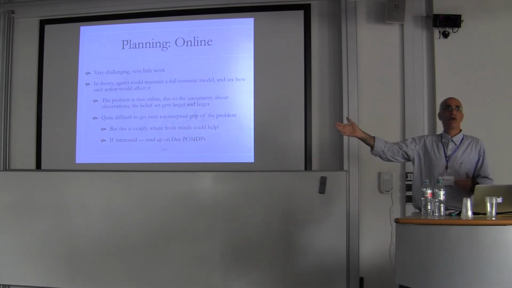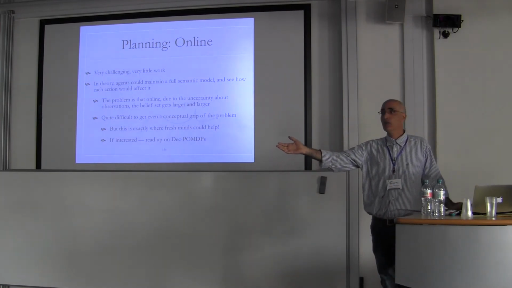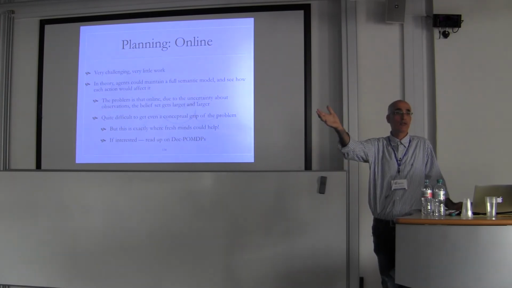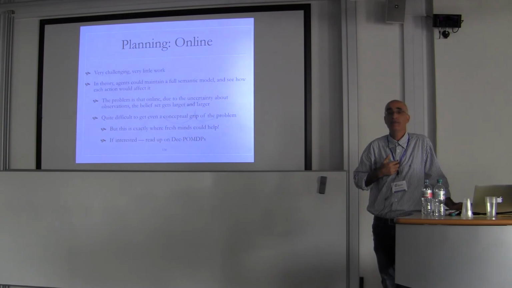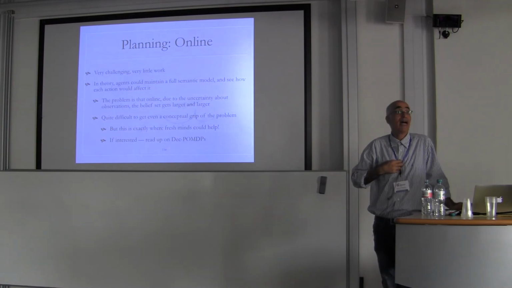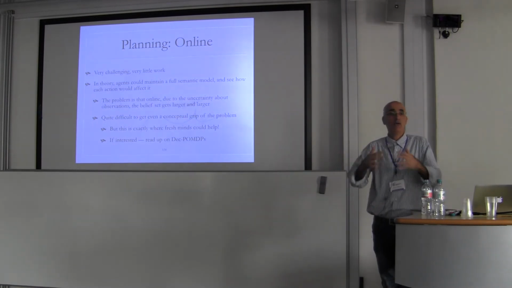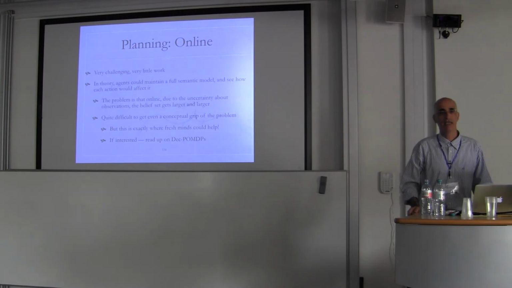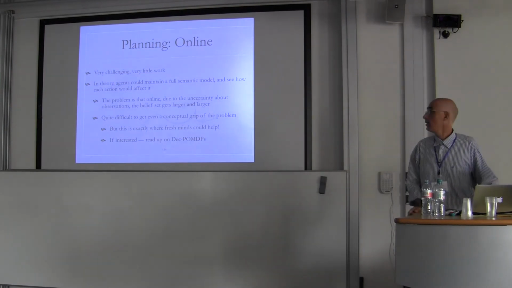You might, for all intents and purposes, have seen everything as expected and you're just carrying on with the plan as usual. But I noticed something that is very important. I have to revise my part of the plan because it's no longer relevant. And now what about the coordination? So this is a great difficulty of online planning in multi-agent systems.